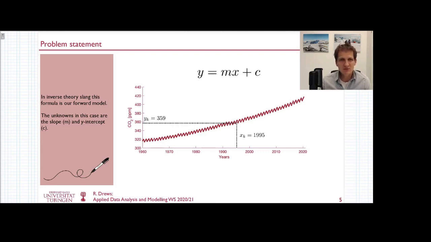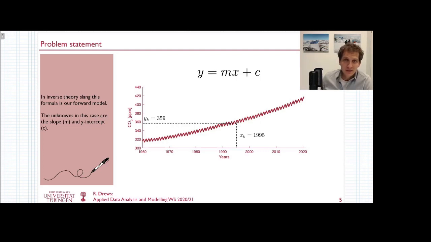So in an inverse framework, y equals mx plus c is our forward model, and if we know the parameters of this model, m and c, we can easily predict the data. The inverse problem is we have some observations. What is the best m and c describing these observations?